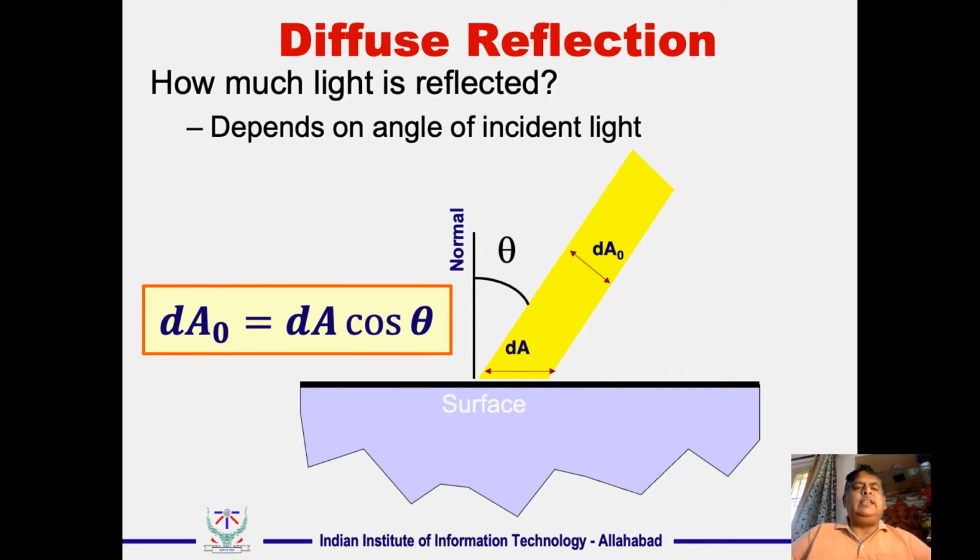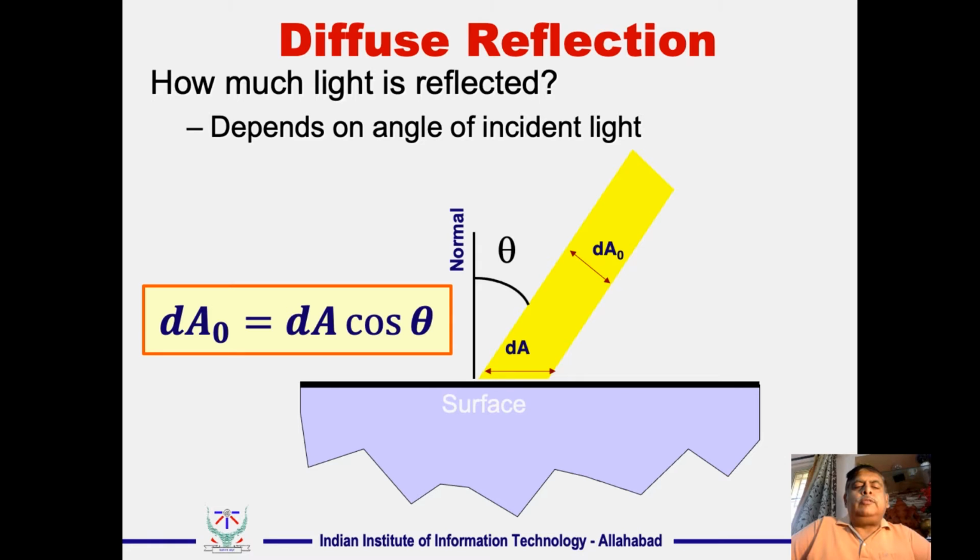How much light it reflects depends on the angle of incident light. So what you see is that we have a beam of light which has an area of dA naught. Now, due to this angle theta, this beam is spread over an area which is dA.